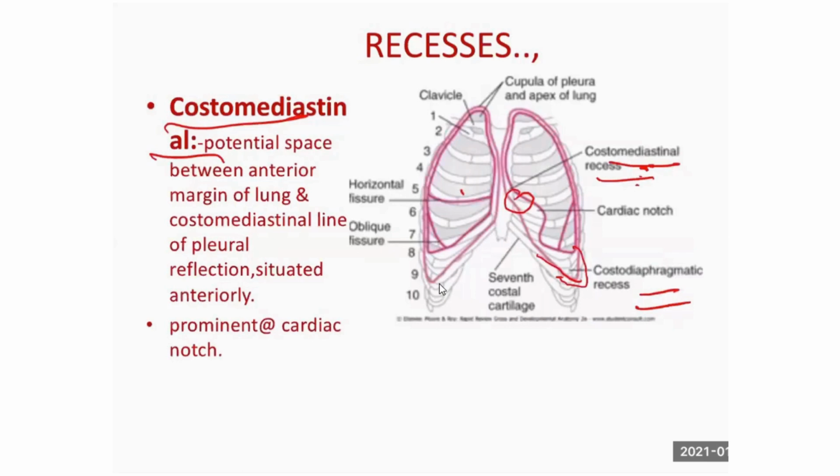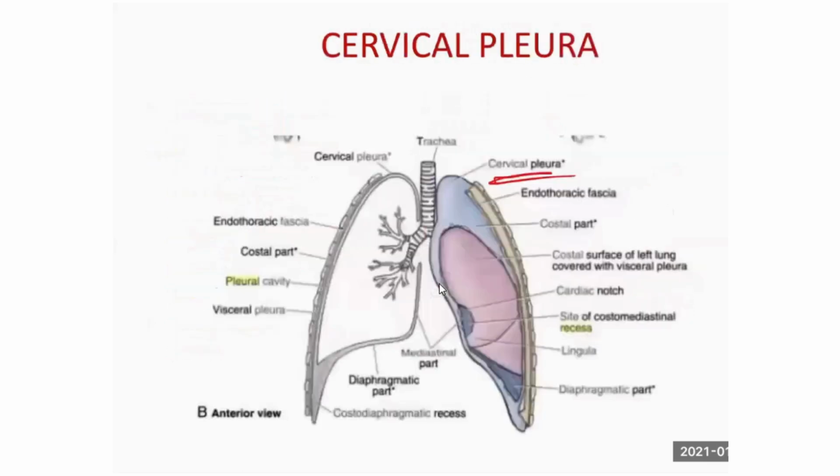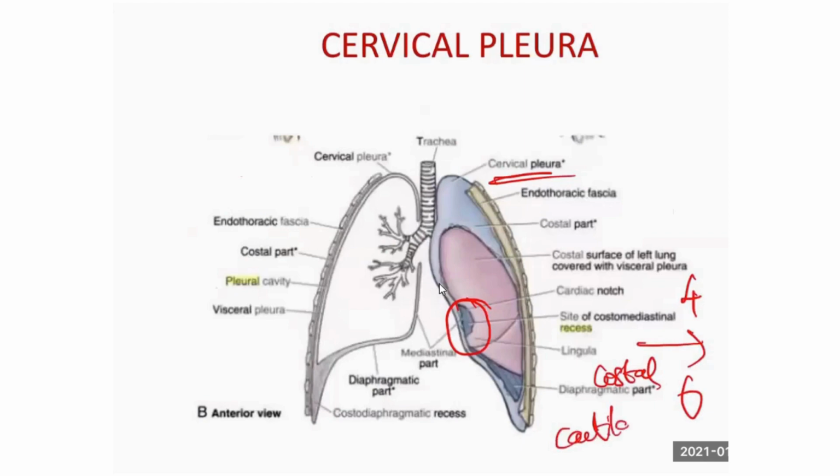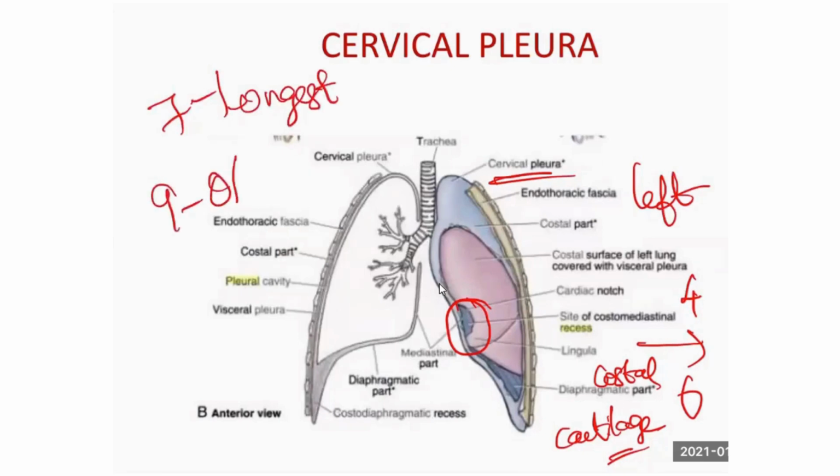If you see the right lung and left lung, you get a notch here. Am I right? On the left lung, that notch is called the cardiac notch, which is extending between the 4th to 6th costal cartilage, which is the area of maximum cardiac dullness. Area of cardiac dullness is between the 4th to 6th costal cartilage on the left side only. 7th rib is the longest rib. 9th rib is the most oblique rib.